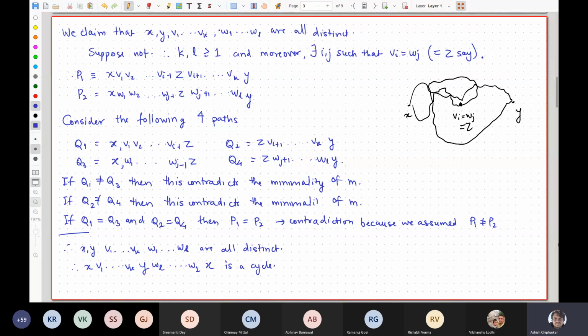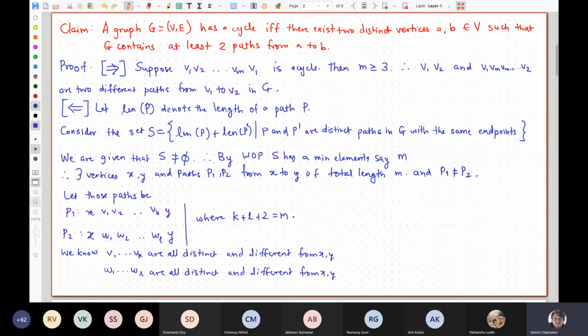Sorry, sir, I have joined a bit late. What did we prove just now? We proved that if the graph contains two different paths between the same pair of vertices, then it contains a cycle. We started out saying that because the graph has two paths between the same pair of vertices, S is non-empty.